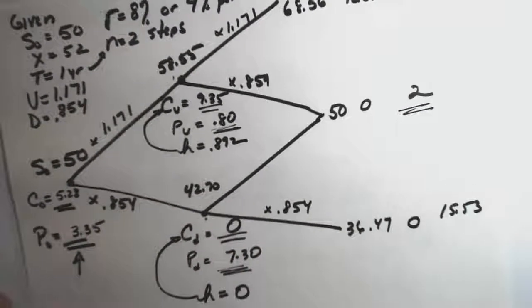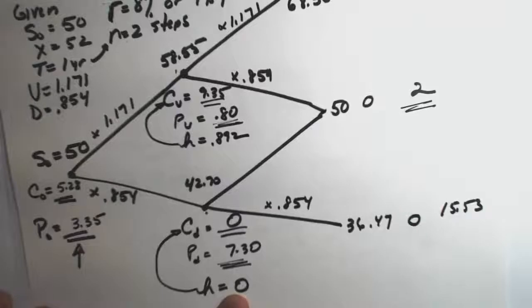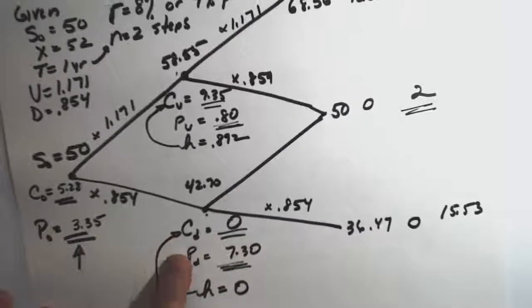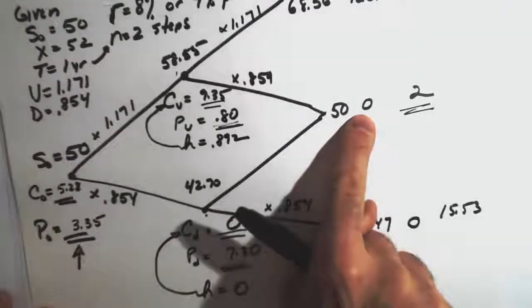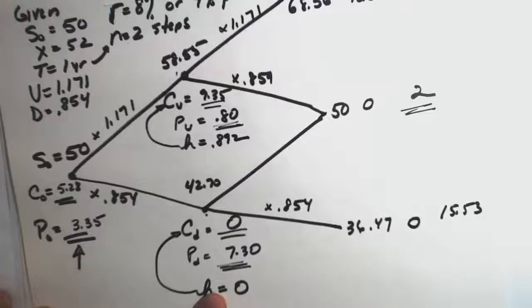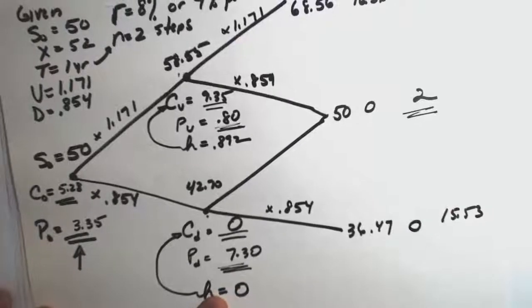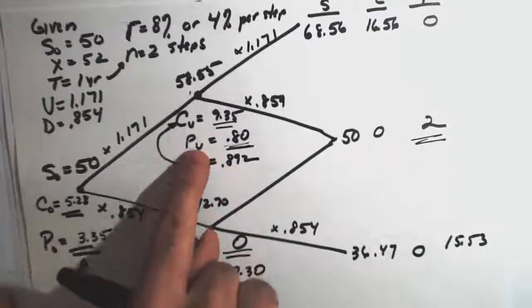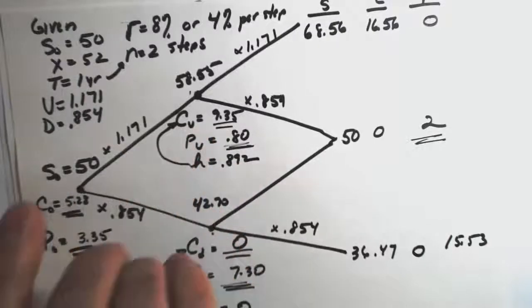For this H being 0, that means the probability of the option finishing in the money must have been 0 at this point. Well, it was for the call because no matter what, the call went to 0. So the probability of the option finishing in the money for the call was 0. Okay, that makes sense.